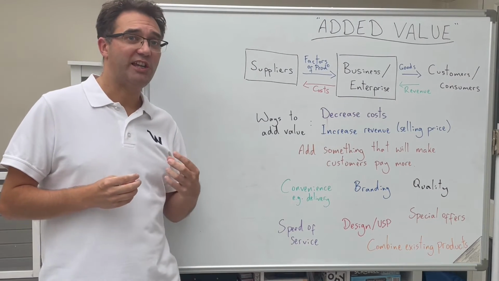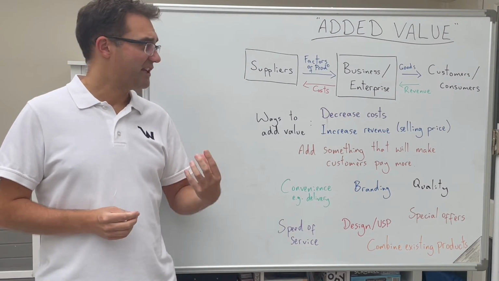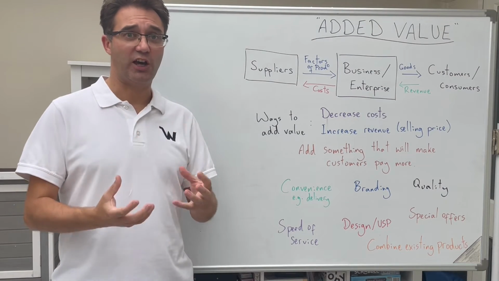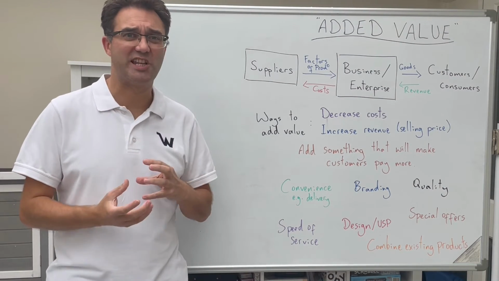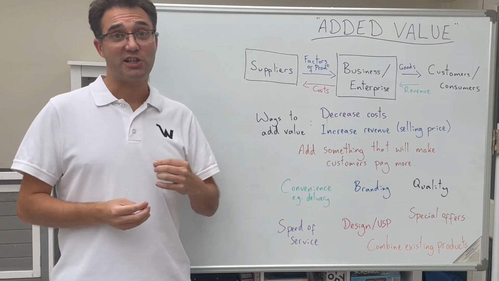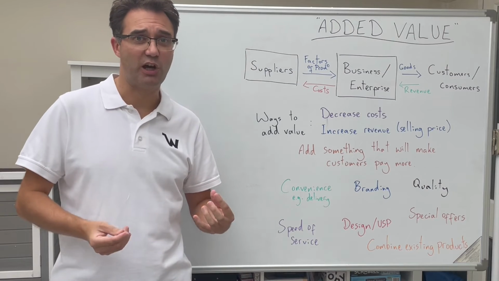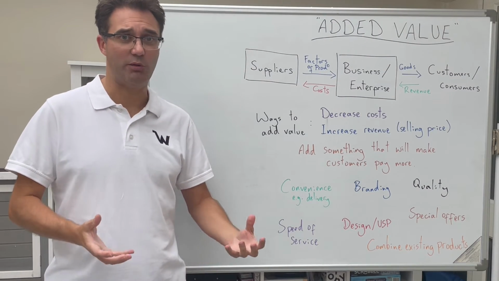Branding can also tie into quality. The brand can represent something being of a higher quality, being better put together, being more reliable. So people are willing to pay more for that because they think it will last longer, they think it won't break.